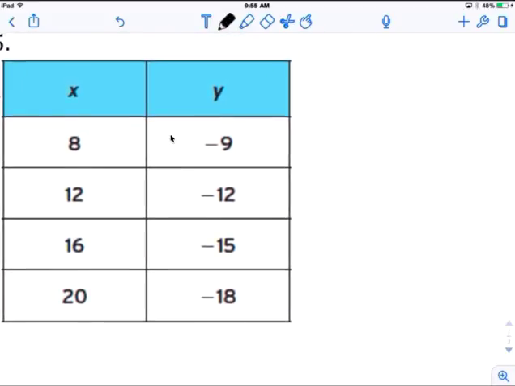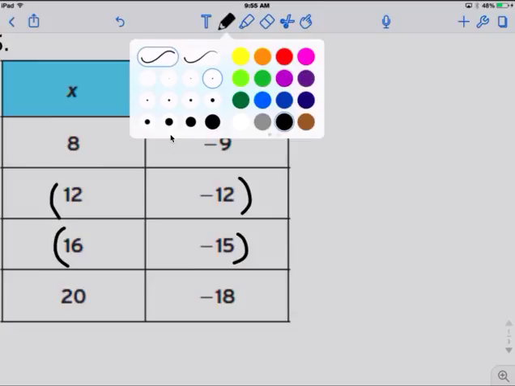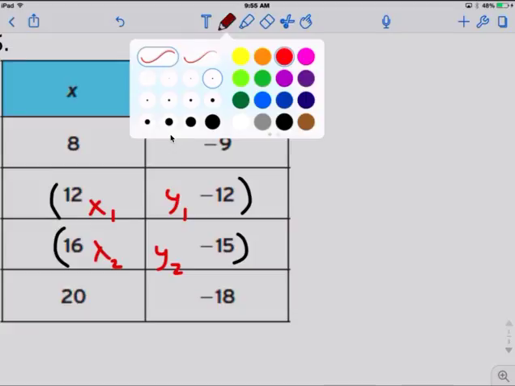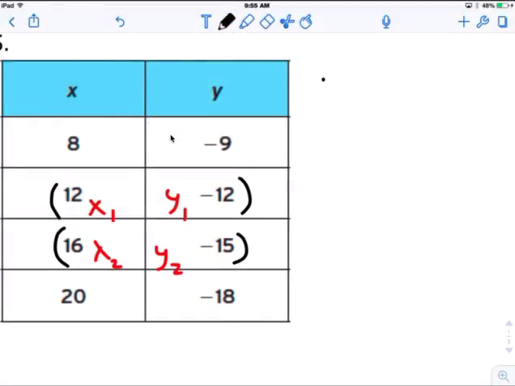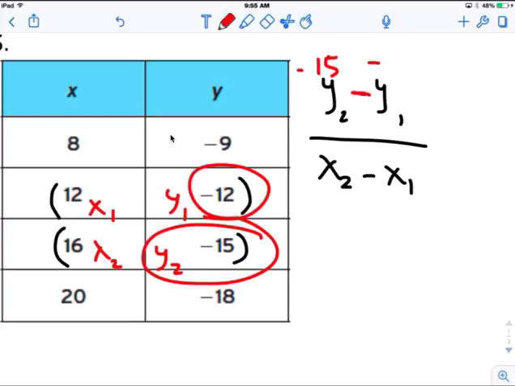Okay, there's too many of them. You only select 2. I'll select the 2 middle. It's my x sub 1, y sub 1, x sub 2, y sub 2. Formula I'd use, rate of change is y sub 2 minus y sub 1 over x sub 2 minus x sub 1, right? You guys are good with this. This one tends to be a mistake here, negative 15 minus this negative 12.